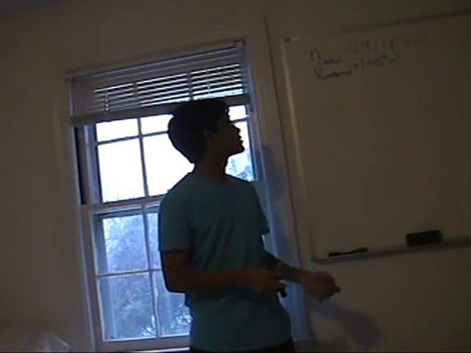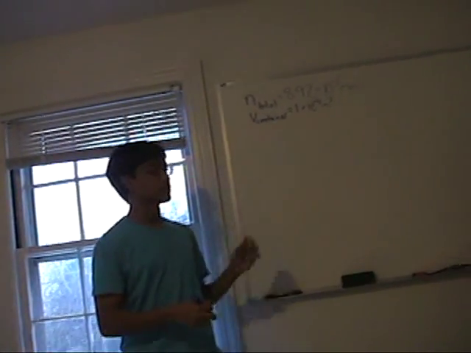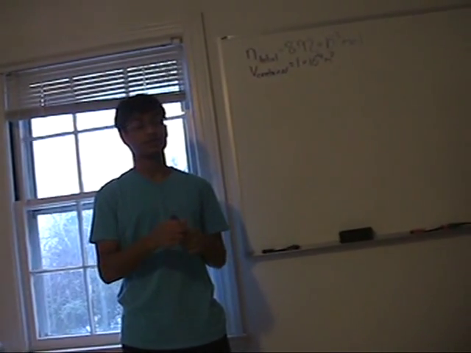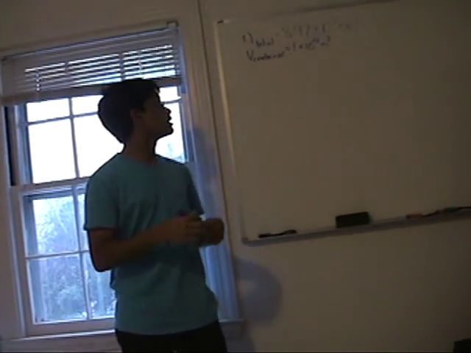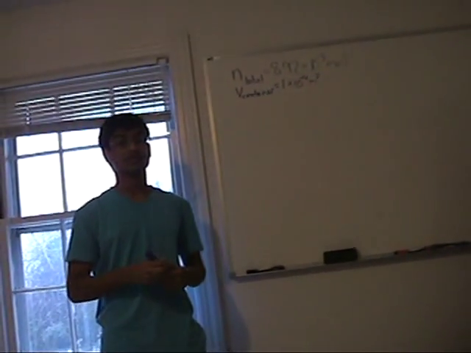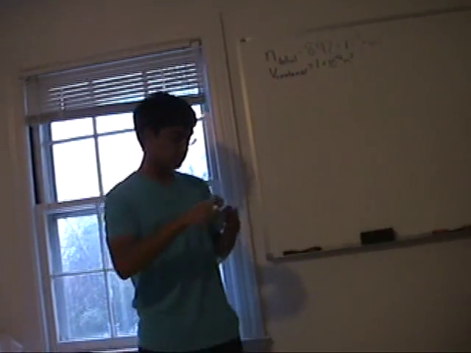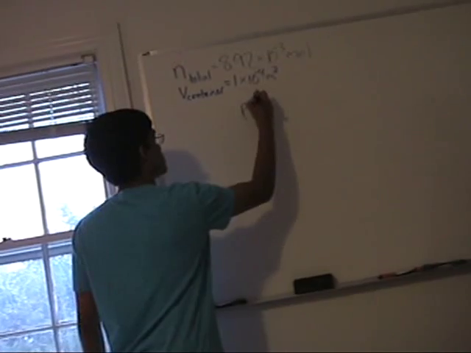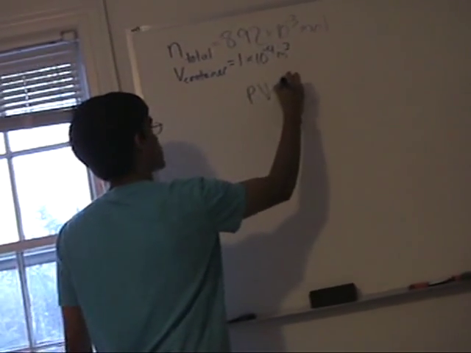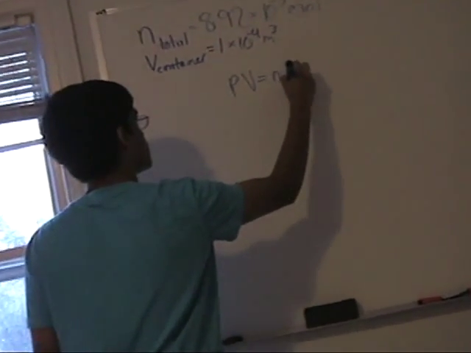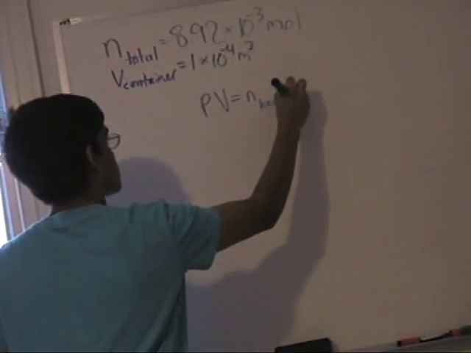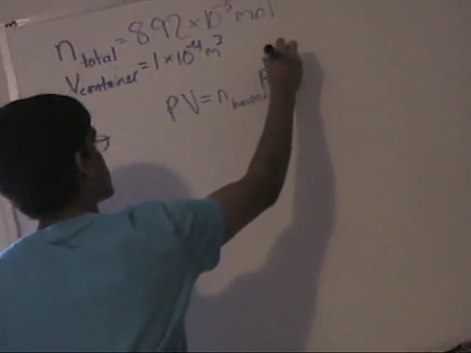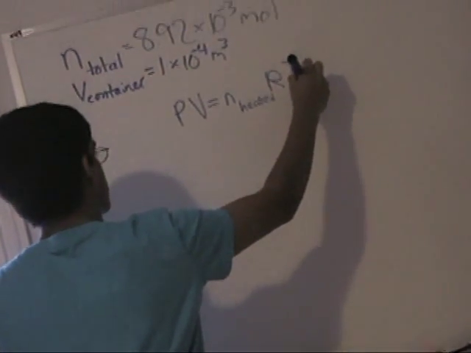Now that we have the total number of moles in both containers, we can set up two algebraic equations using the ideal gas equation to help solve for the number of moles in the heated container. So, first equation we can set up is PV equals N heated times the constant times temperature of the first container.